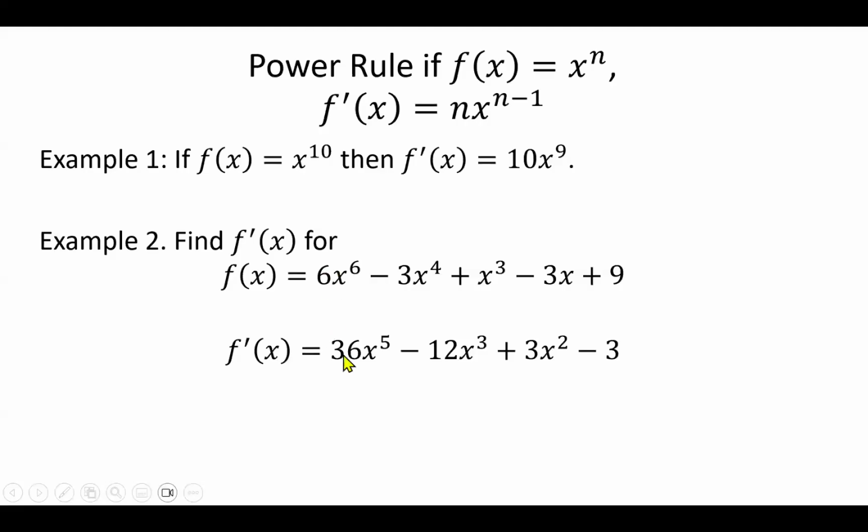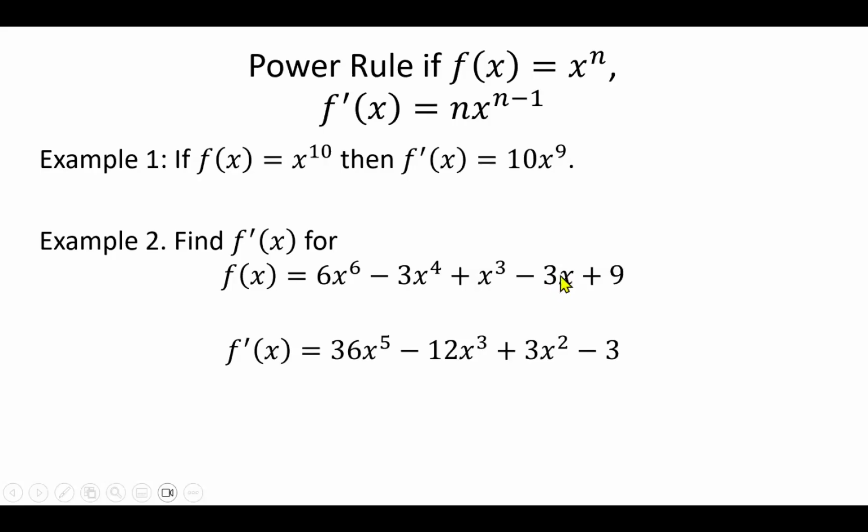So you'll have 6 times 6, which is 36, and then subtract 1, x to the 5. Now, since there's a minus, your derivative is going to have a minus. 3 times 4, that is 12, and then subtract 1 from the exponent, x cubed. Here, bring down the 3, subtract 1 from the 3, so you get 3x squared.